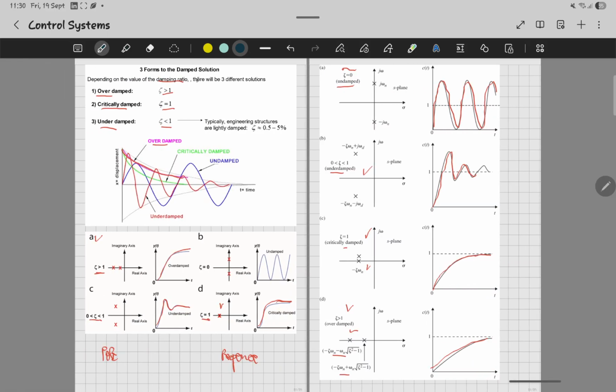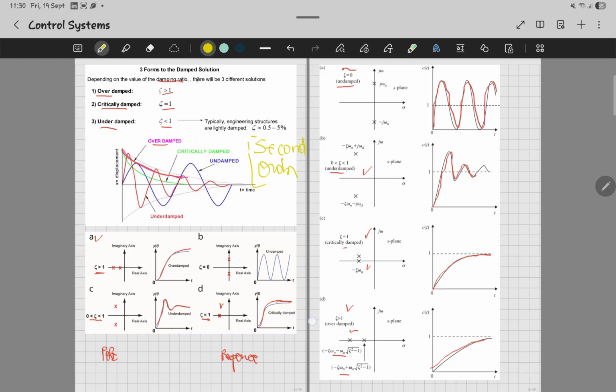And remember, this is for second order. So all these graphs that you see here are for second order. That's when we apply this.